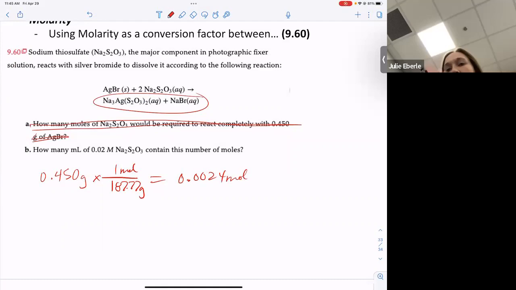And then AgBr, so that's a times 1 to 2, so it's a times 2. Okay, so our answer is 0.00, I'm going to say 5.